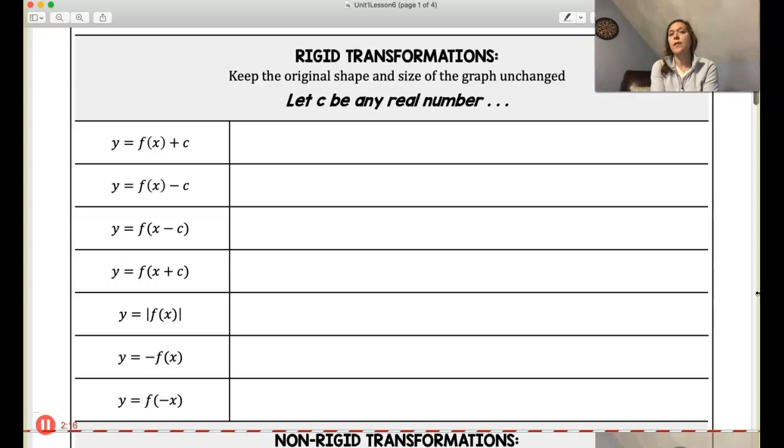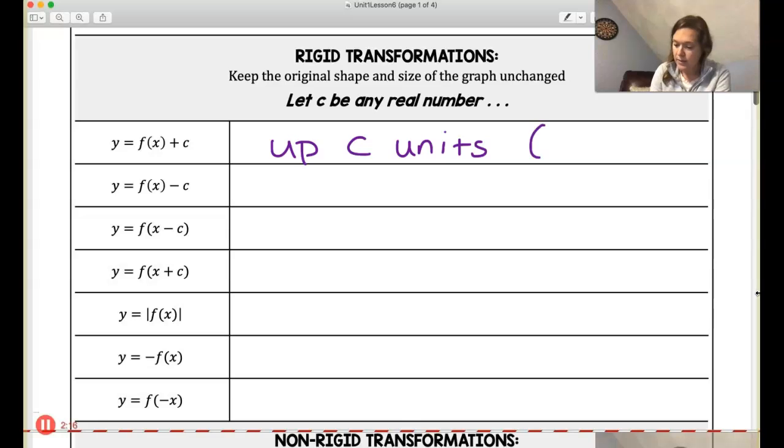So if we go through all the different things that could potentially happen, let c represent any type of real number. If we were to do our f of x, our function, and then add c, that would mean that we would be going up c units. If we think about that as an ordered pair, I would have my x coordinate staying unchanged, and my y coordinate would have a plus c being added to it.